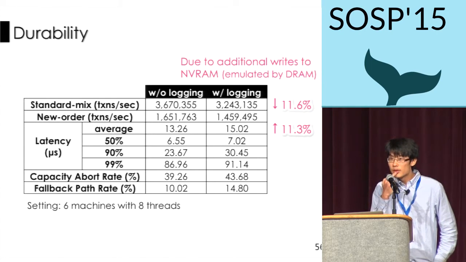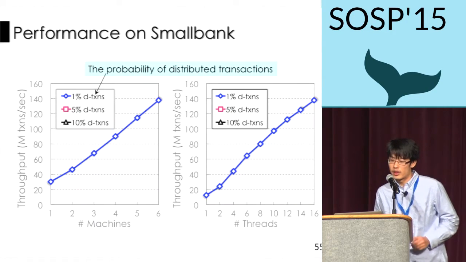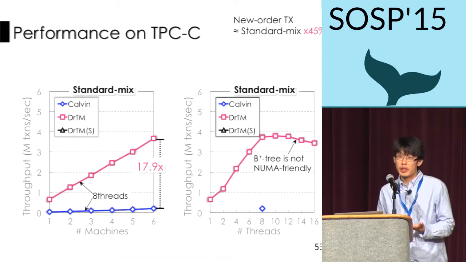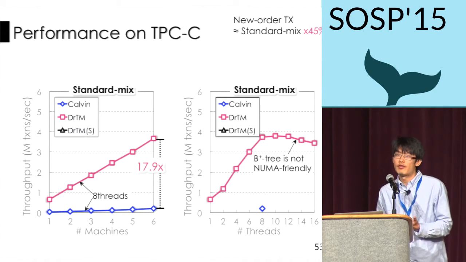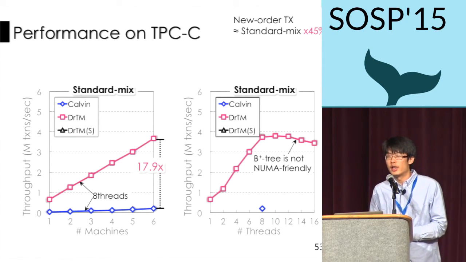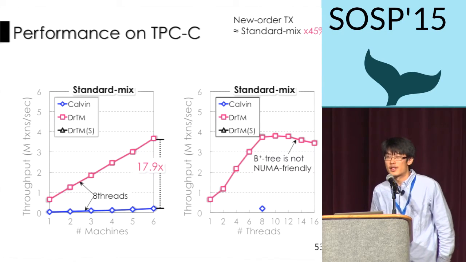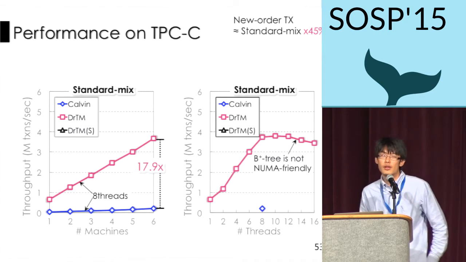In our implementation, we implement a fallback handler, which will guarantee the liveness of HTM transaction forward progress. So if the abort count exceeds a threshold, we'll use a two-phase locking scheme to execute all the transactions. So it will guarantee liveness.